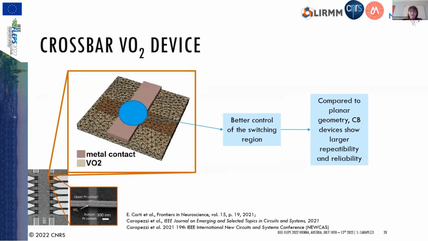This crossbar configuration has been thought in order to achieve a better control over the switching region, because of course, in this case, most of the current is flowing across the overlapping region between the two electrodes. And what has been experimentally demonstrated is that compared to the more common planar geometry, this configuration allows devices with larger repeatability and reliability, which is important, especially when working with oscillators.